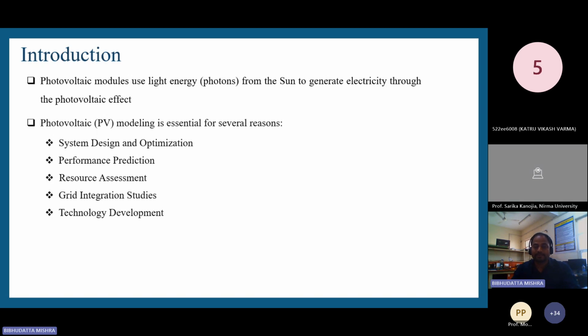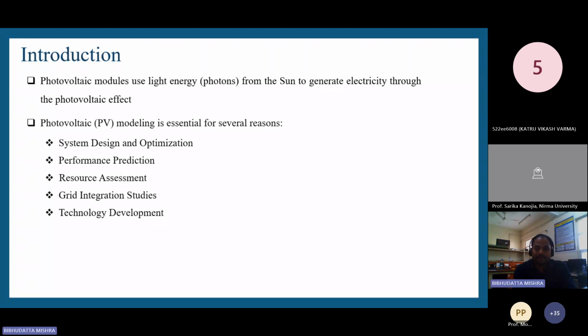Whenever a photon hits a PV cell, there is an electric field, and that electric field compels one electron to flow and generate electricity. Generally, a PV cell or a PV panel behaves as a current source, and the greater the intensity of the solar irradiance, the greater the current from the PV cell.